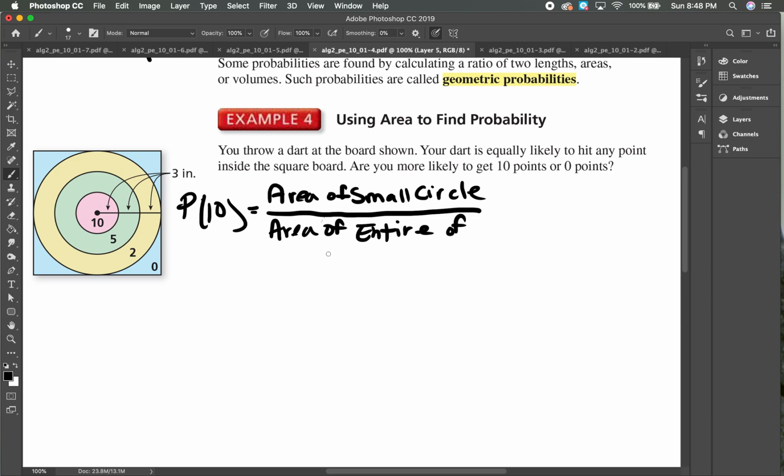I like to write this out in words before I plug stuff in, because it allows me to constantly think about what I am doing as I go through this.